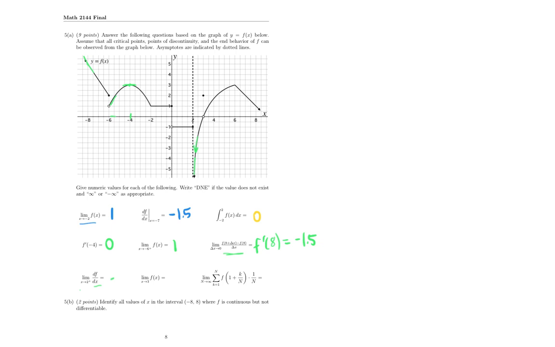So the answer here is infinity. Now the y values are approaching negative infinity, but I'm not asking about the y values, I'm asking about the slope. So as I approach 2 from the right, my slopes are getting steeper and steeper. They are a positive slope that's approaching positive infinity. I'm looking at the slopes here.